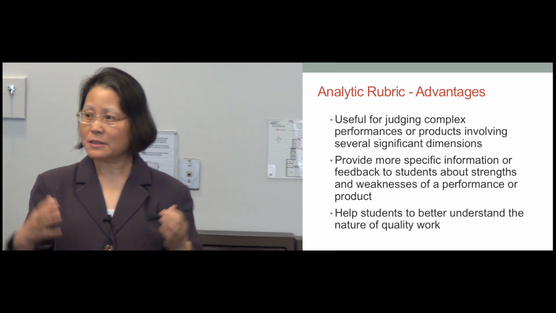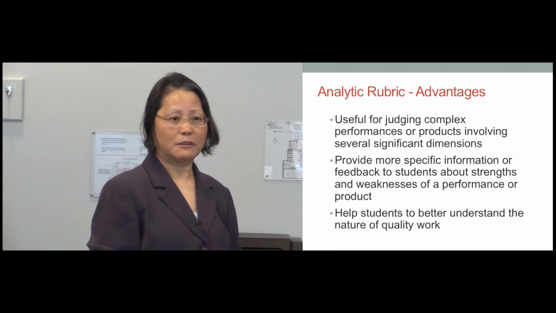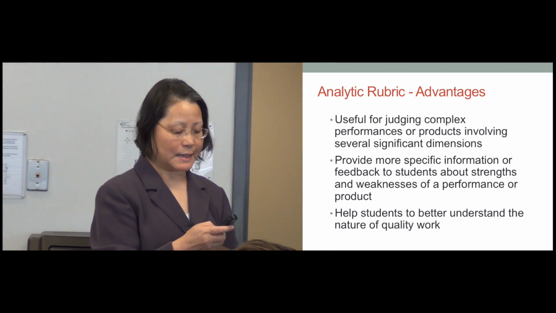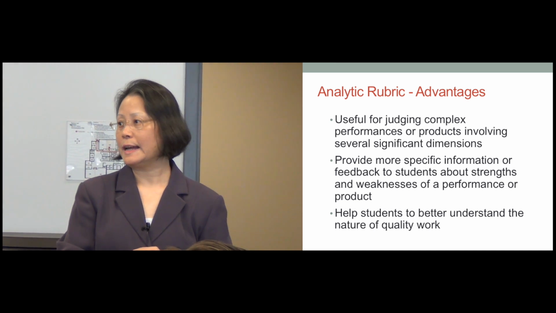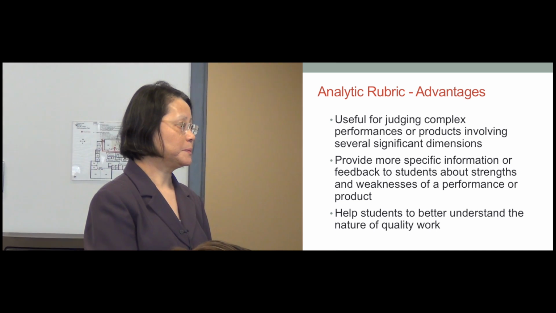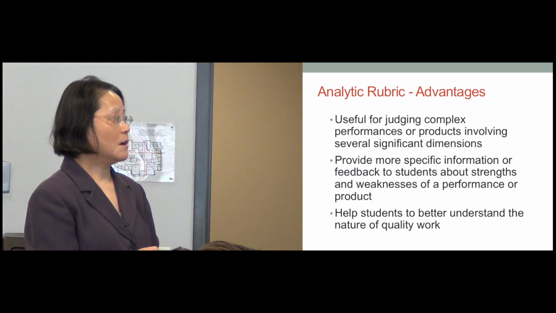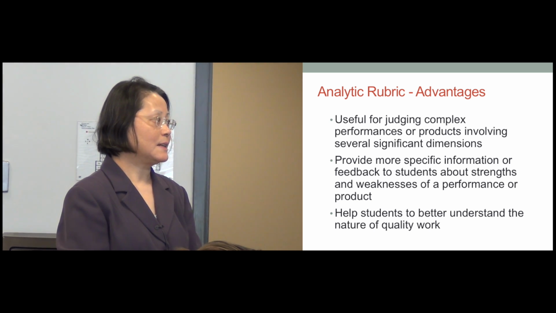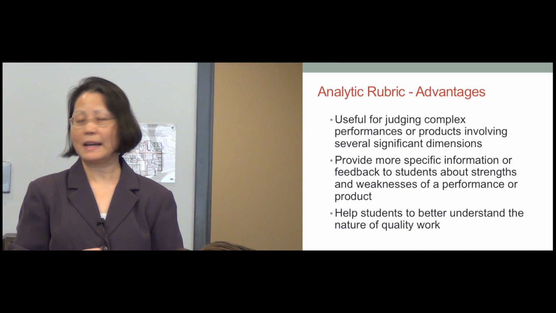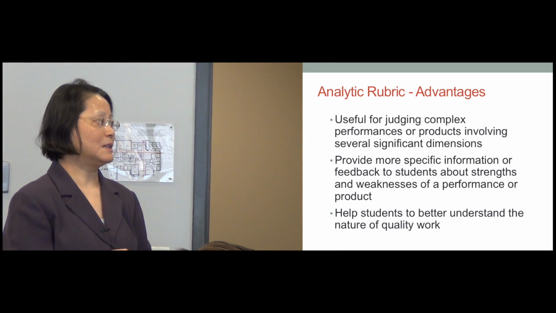This time the student knows how to improve himself or herself. So that's the advantage and the beauty of analytic rubric. It helps students to better understand the nature of their quality work and their strengths and weaknesses.